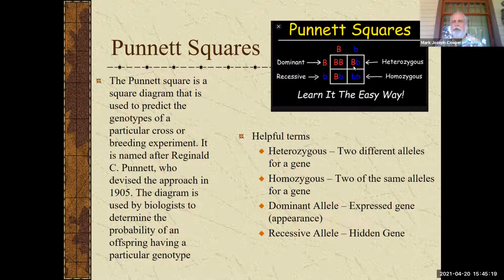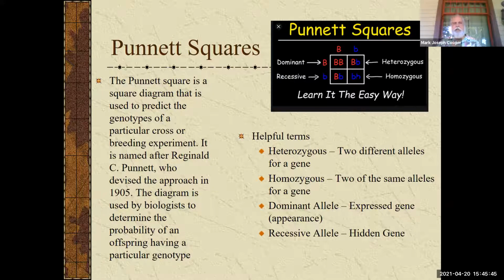And then you have two here that are heterozygous, and that's usually just the term we use, heterozygous. The assumption is that heterozygous means that you are purple because the recessive trait is hidden. So you would turn out purple. So again, homozygous dominant would be purple, homozygous recessive would be white, and the heterozygous would be purple.